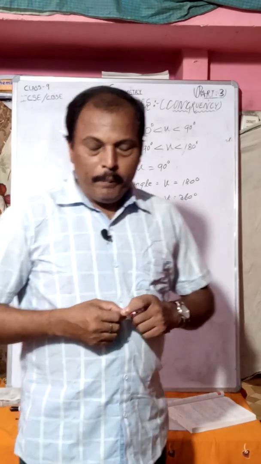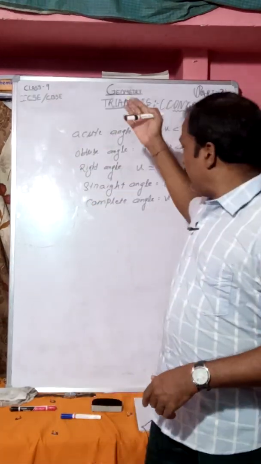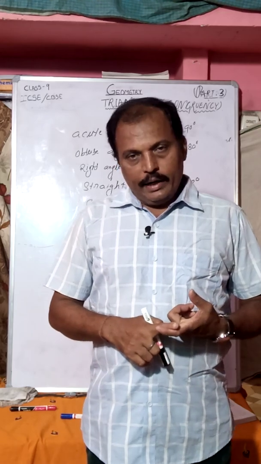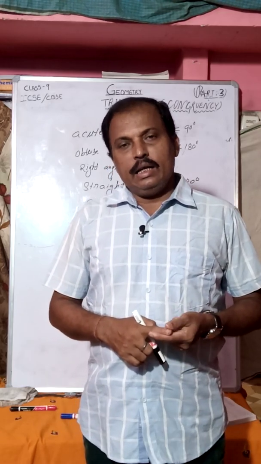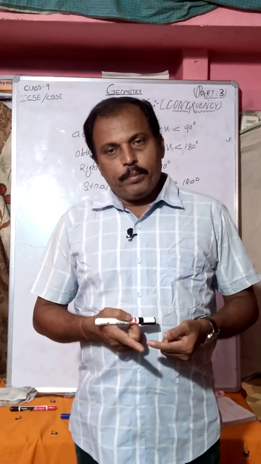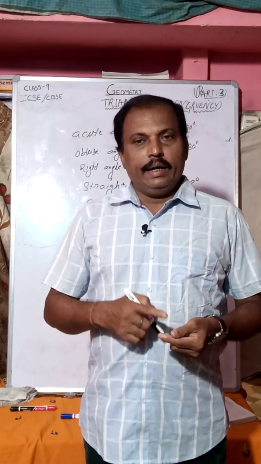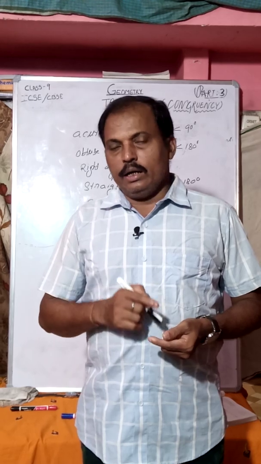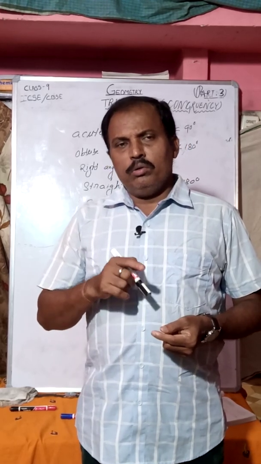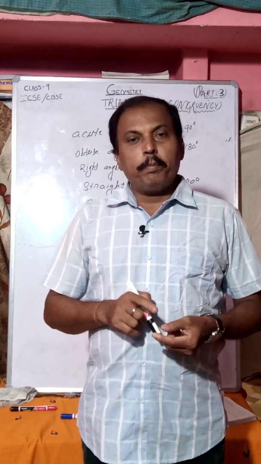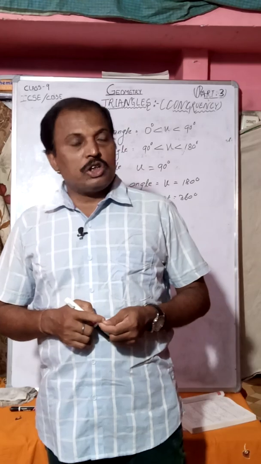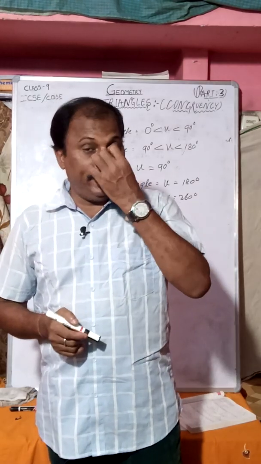So we know that there are these types of angles: acute angle greater than 0 degree and less than 90 degree. Obtuse angle greater than 90 degree and less than 180 degree. Right angle equal to 90 degree, and straight angle is equal to 180 degree, and complete angle is 360 degree, which is called circular angle or complete angle.